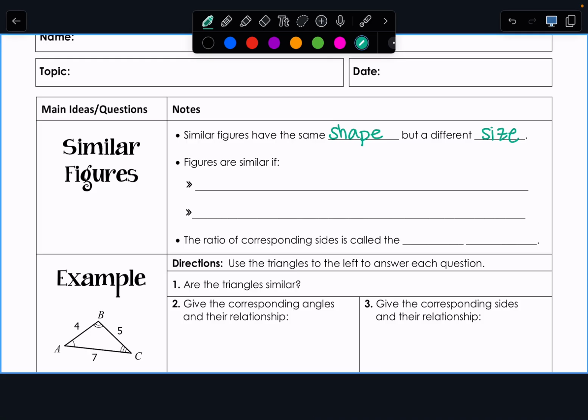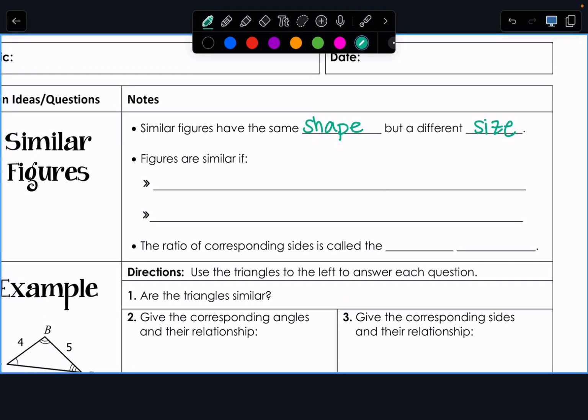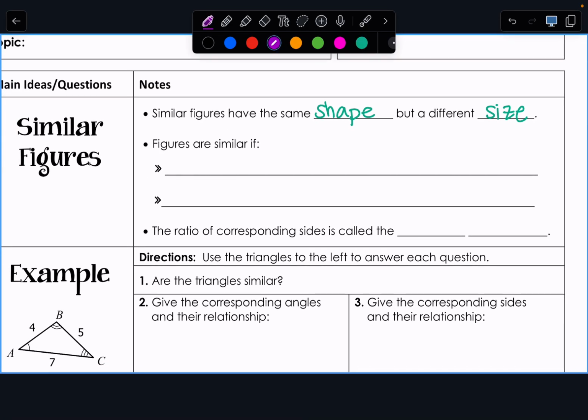Now, when we talked about congruent figures, we talked about our corresponding angles and our corresponding sides. So what I'm going to have you do is write these words, and then we're going to talk about what's true about them with similar figures.